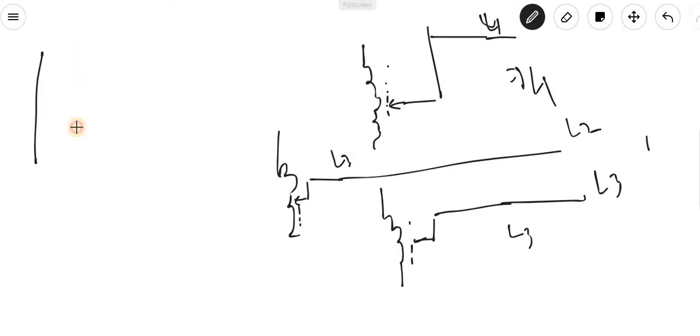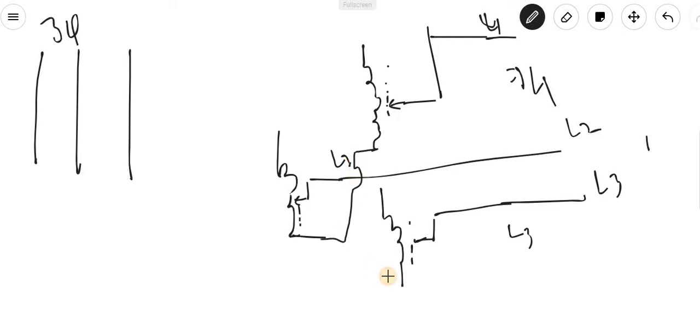Suppose here the supply will be coming. This is the supply, and this is the common point. These three points are shorted at a point. This point you can consider as the neutral point.